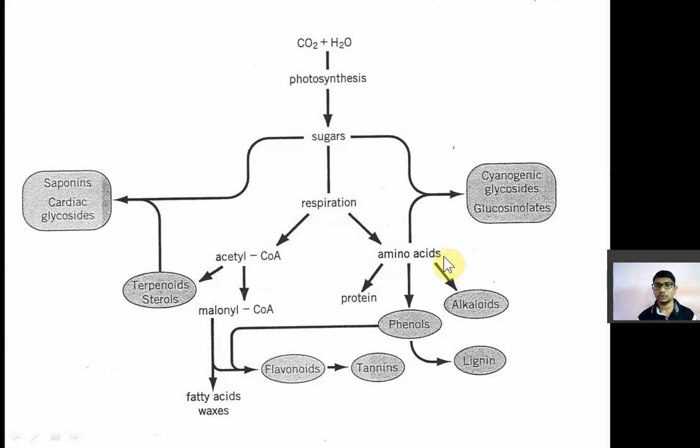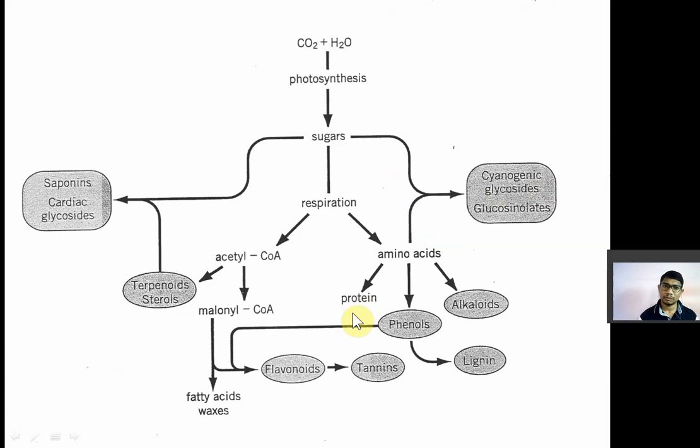Now if you get amino acids, you know that from amino acids you can get the protein, the phenols, the alkaloids, and also the glycosides. Glycosides means sugar plus non-sugar portion. The non-sugar portion will come from amino acid and the sugar will come from sugar.